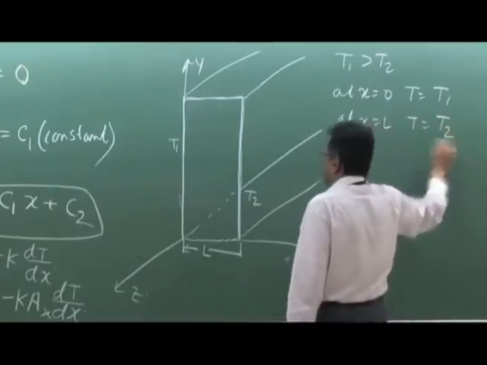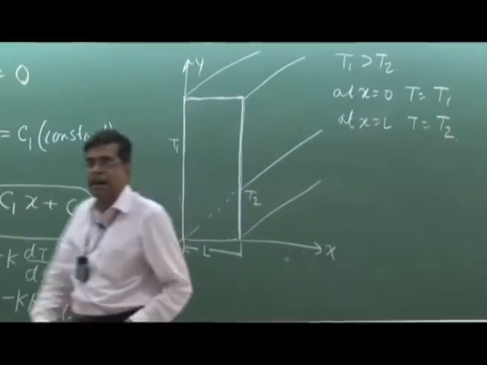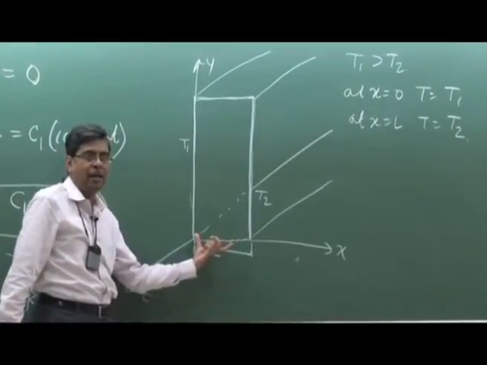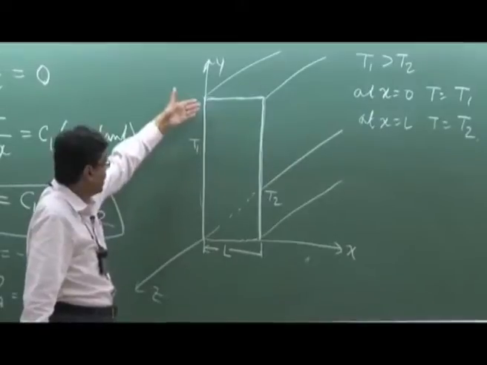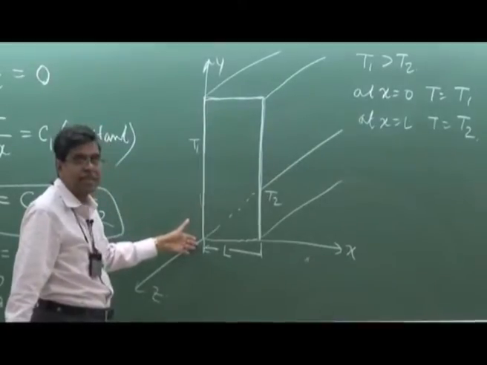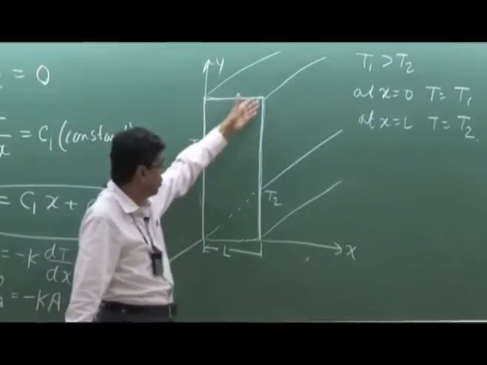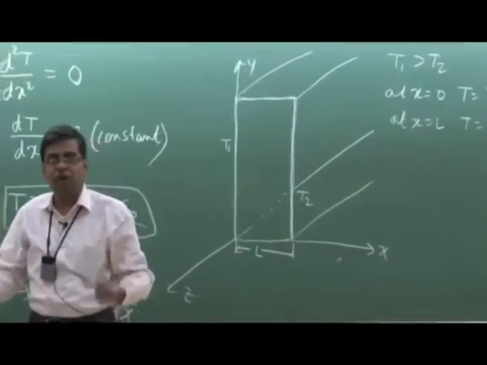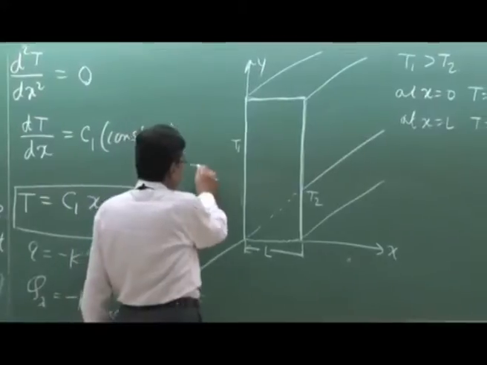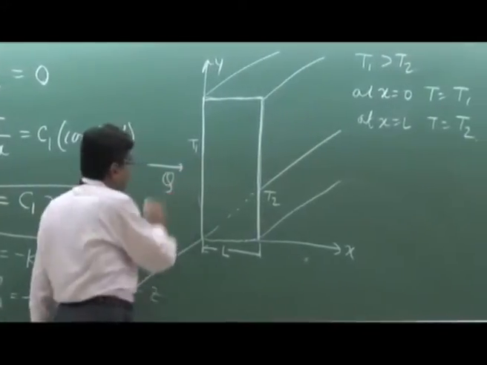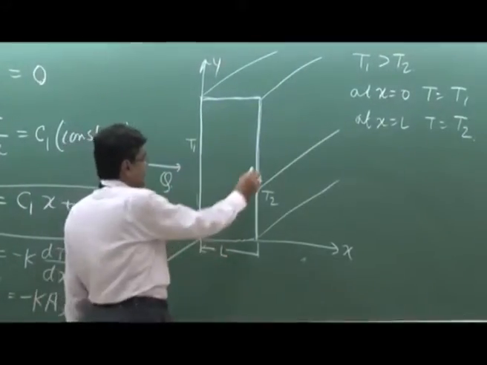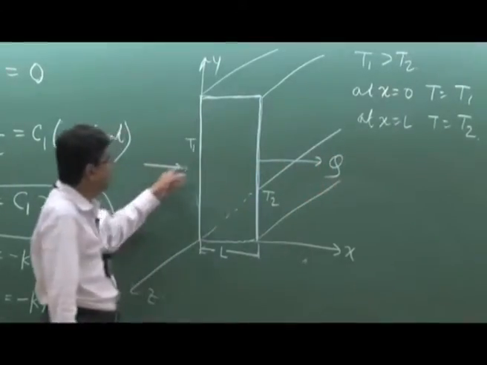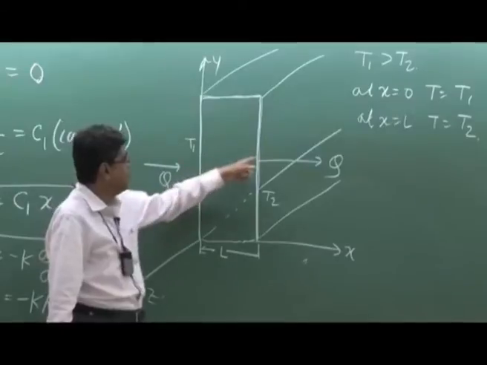That means if a problem is prescribed like that, a long wall with a thickness L, having its left hand surface at T1, which is higher than the right hand surface T2, write the expression for the heat flux q, or total heat transfer Q, under steady state. As we know, under steady state the same heat flows through this, whatever is coming in is going out.